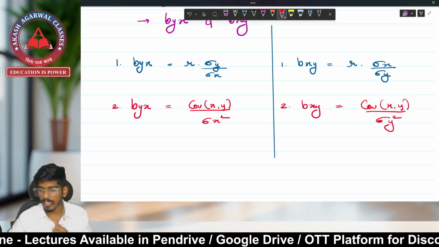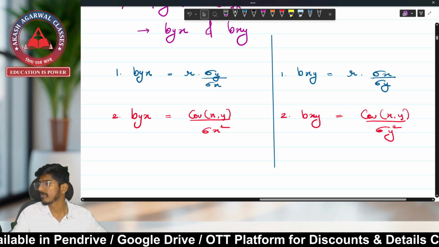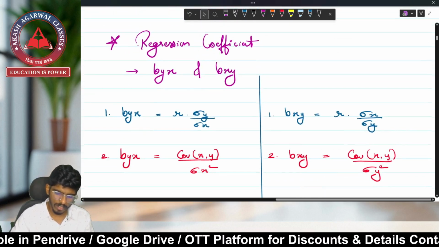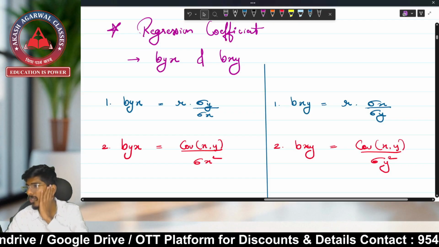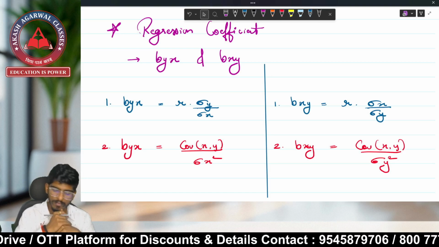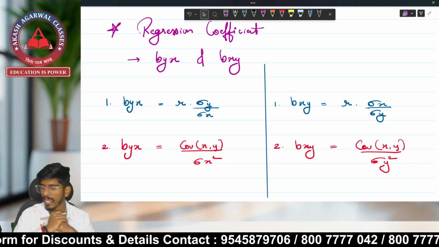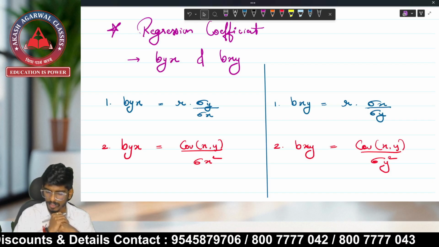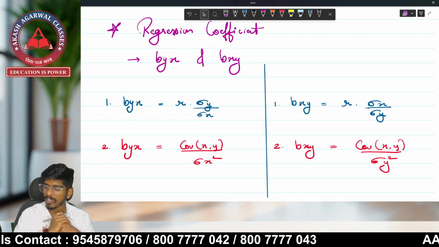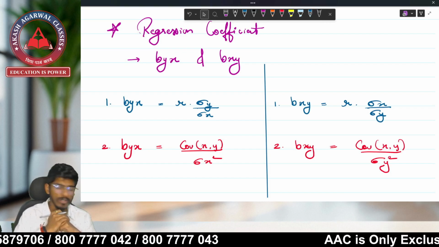So now we have seen two formulas for the regression coefficients, bxy and byx. Byx is r into standard deviation of y upon standard deviation of x. Bxy is r into standard deviation of x upon standard deviation of y. Byx is again covariance of x comma y upon standard deviation of x square. Bxy is covariance of x comma y upon standard deviation of y square. So this is going to be your regression coefficients.